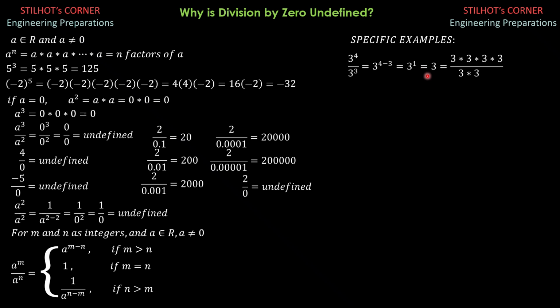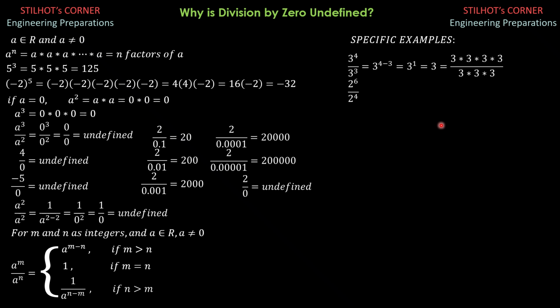That's why it's 3. Specifically, there will be 4 factors of 3 in the numerator and 3 factors of 3 in the denominator. So, canceling out 3 3's, what is left is 3 in the numerator, and in the denominator is 1. So that's why 3 over 1 is 3.